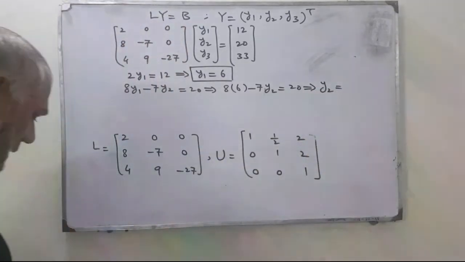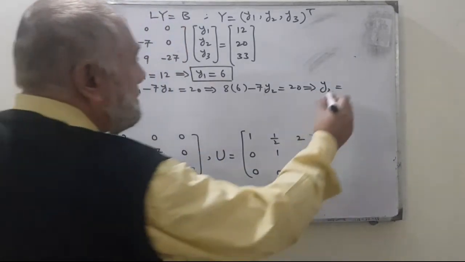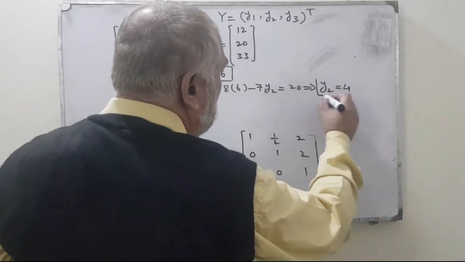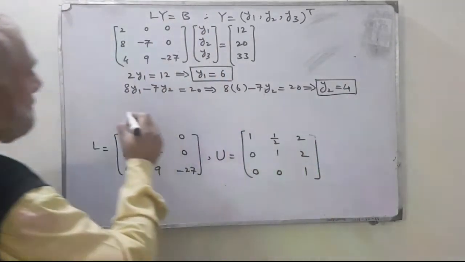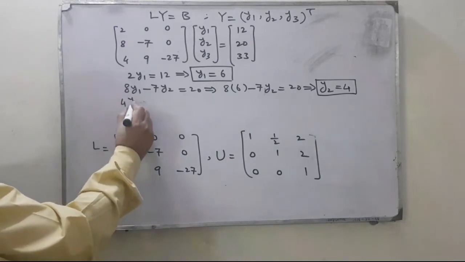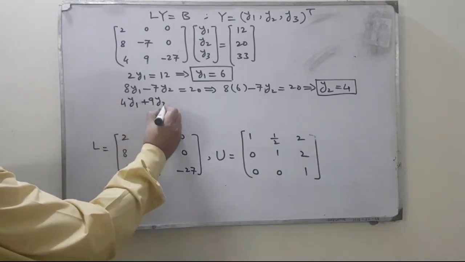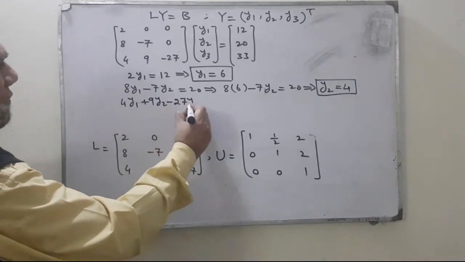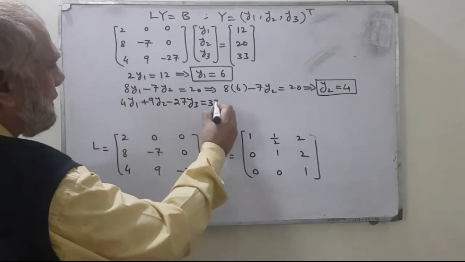Simplifying will give you y2 is equal to 4. From the third we get 4y1 + 9y2 - 27y3 is equal to 33.